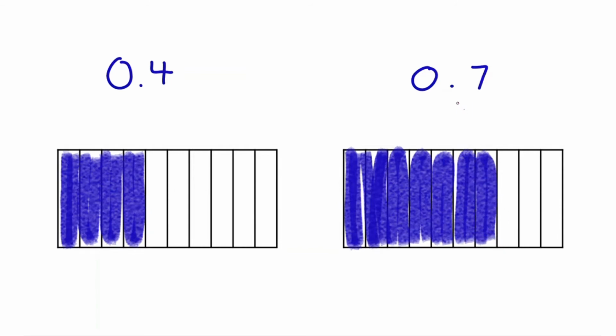So now we can see that 4 is less than 7. And this would be said as 4 is less than 7. Even looking at the models, we can see that 4 is less than 7.